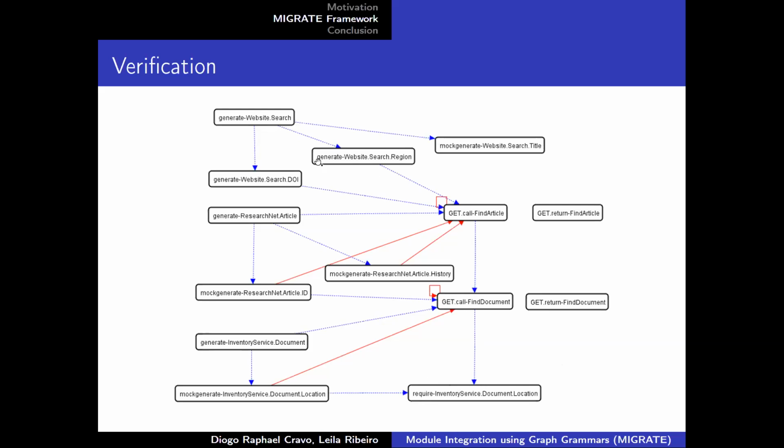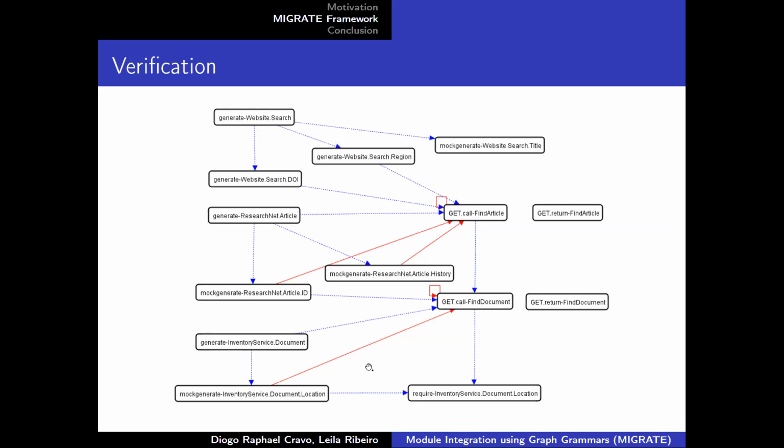And then we analyze this graph to find the roles which are not in any path that leads to a required role. So in this case here, this role that generates the title attribute is not in a path leading to this required role down here. So we can conclude that the title attribute is optional. It really isn't needed.